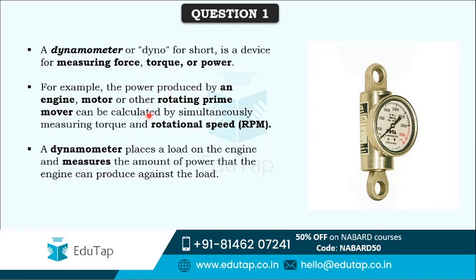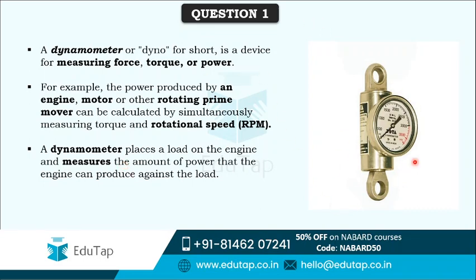The power produced by an engine, motor or other rotating prime mover can be calculated by simultaneously measuring torque and rotational speed. Till now we were seeing that the power of an engine can be measured by rotations per minute, or motor power can also be measured by that. So this power is calculated by a dynamometer.